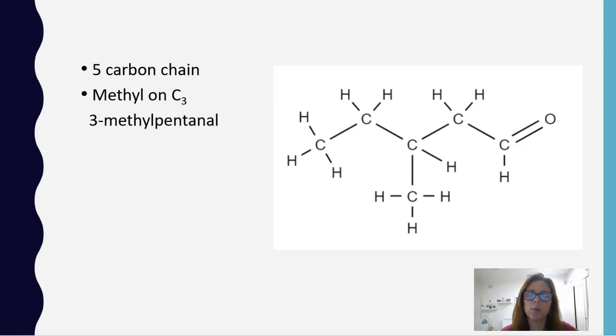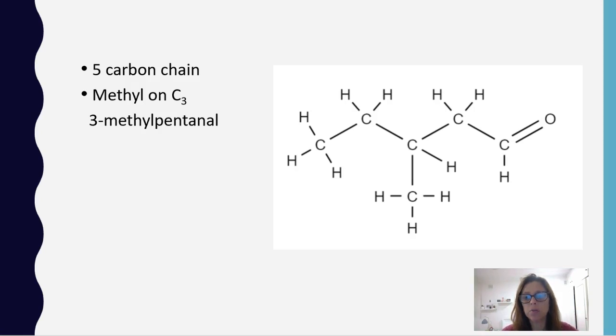Let's have a look at another one here. Again, the first thing we're going to look at, as we have done with all our other namings, is our longest chain. Here we count 1, 2, 3, 4, 5. So our longest chain is a 5 carbon chain, which is a pent group. Again, they are all single bonds, so it's a pentane group.